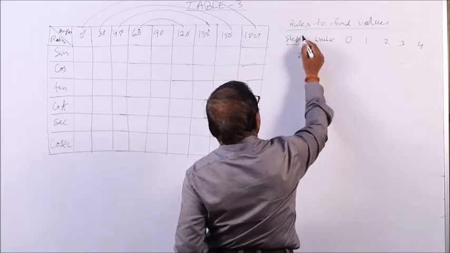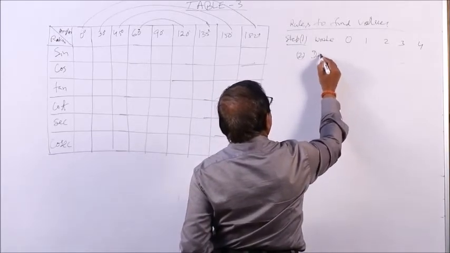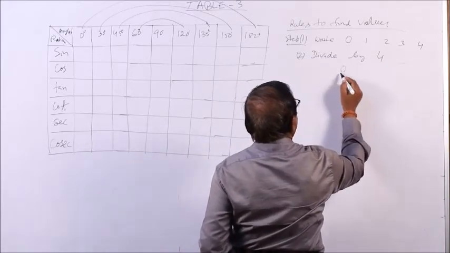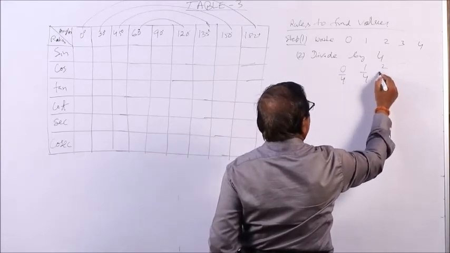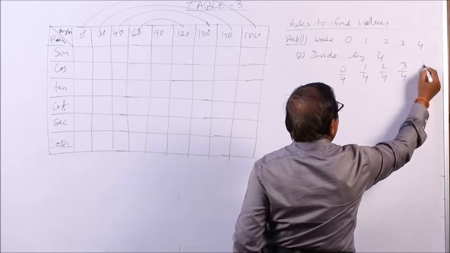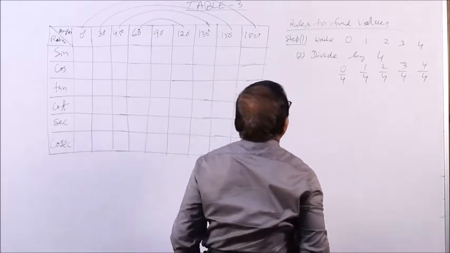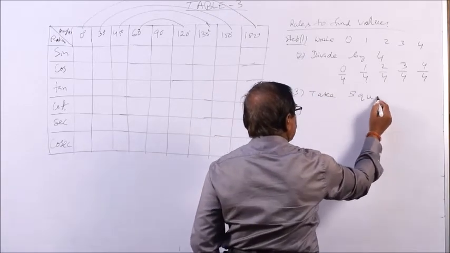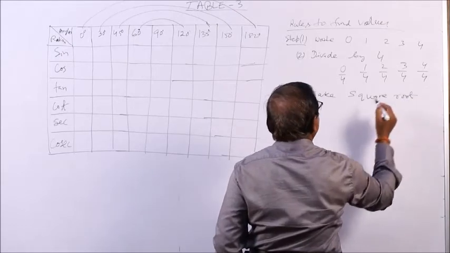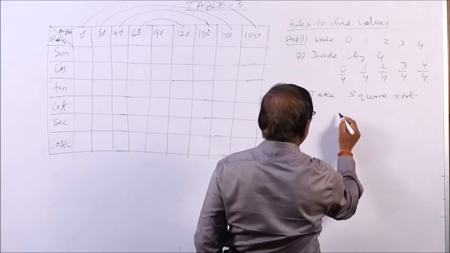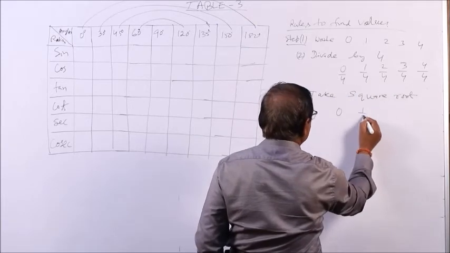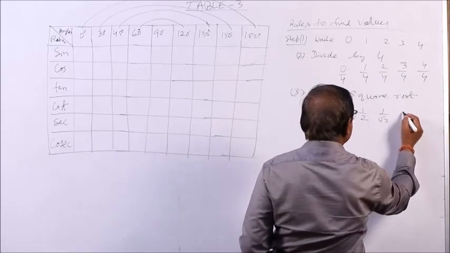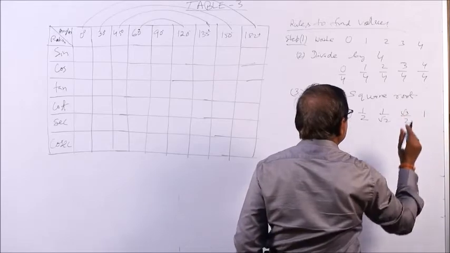Step 2, divide by 4. So you get 0 by 4, 1 by 4, 2 by 4, 3 by 4, 4 by 4. Step 3, take the square root. So what will you get? This is 0, this is half, 1 by root 2, root 3 by 2 and this is 1.